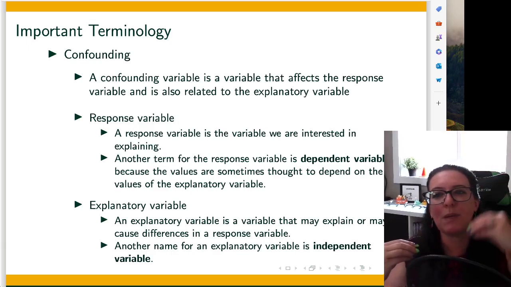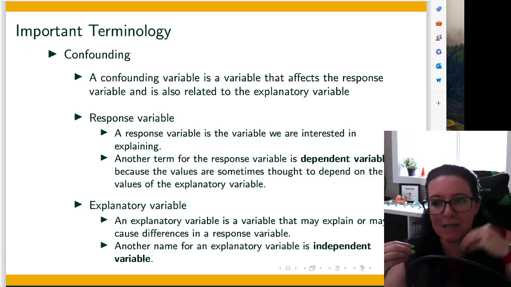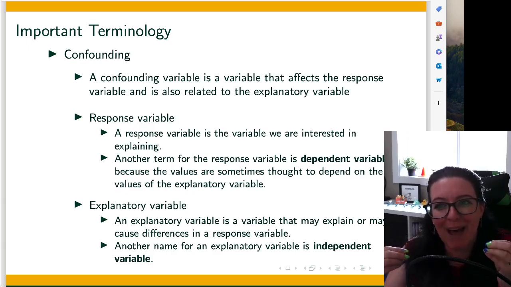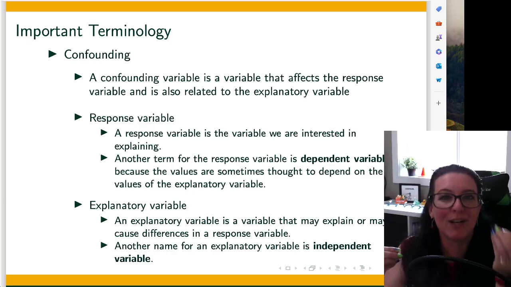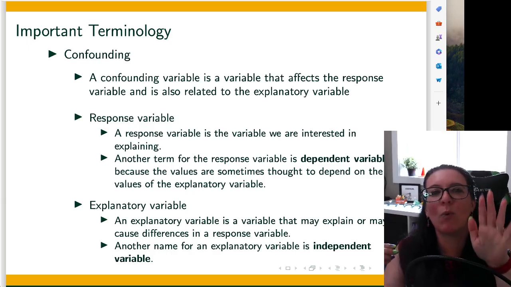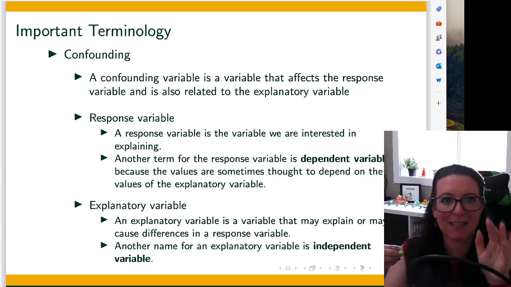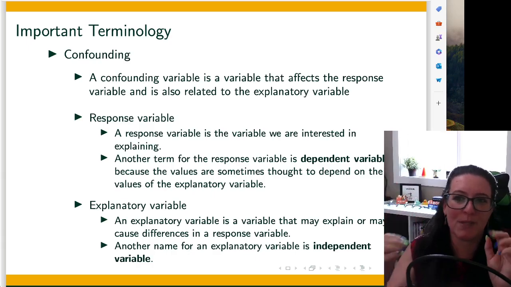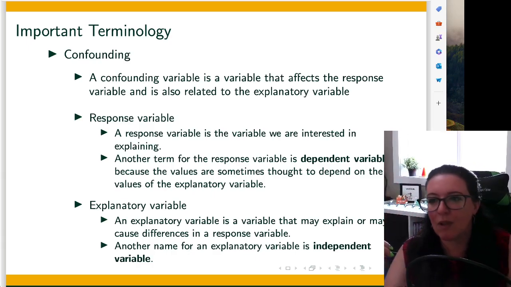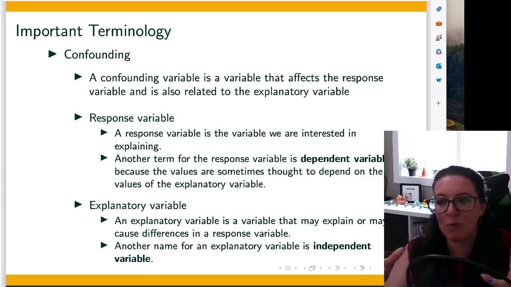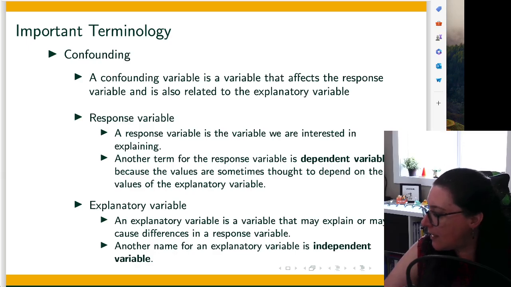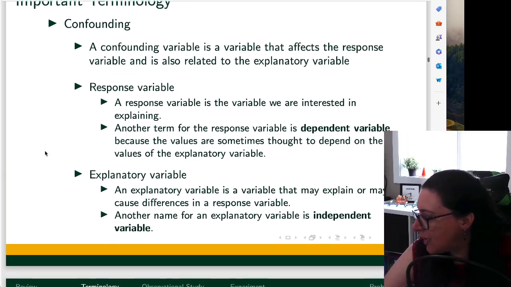And so that would be diet A, and diet B, and diet C. So the different diets, our treatments, are the explanatory variable, also called an independent variable or a predictor variable. This is the one we are going to try to test to see if it will change that dependent or response variable.